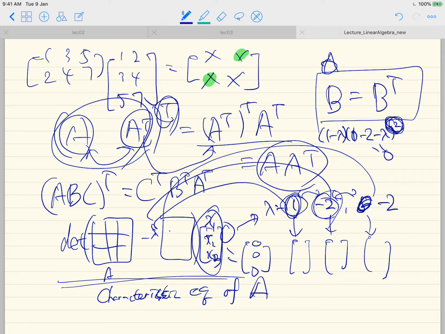So we should be able to find at least one non-zero eigenvector. And I mentioned that if these two eigenvalues are different, their corresponding eigenvectors are always linearly independent.